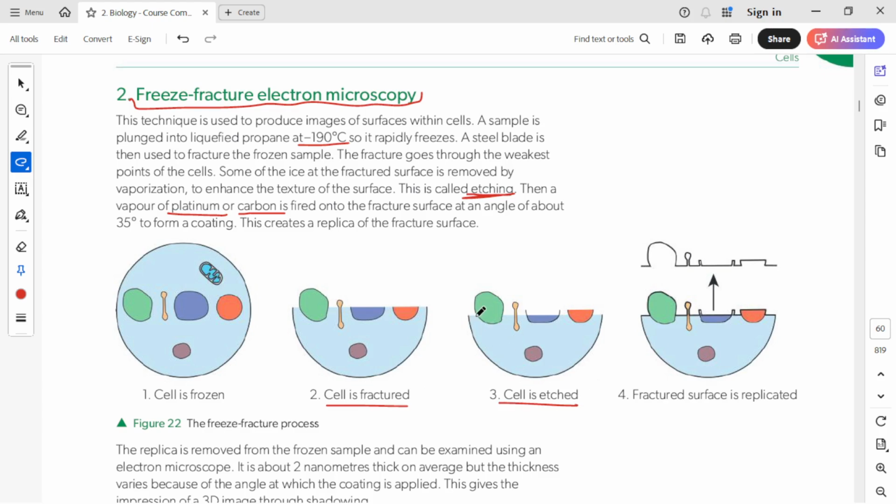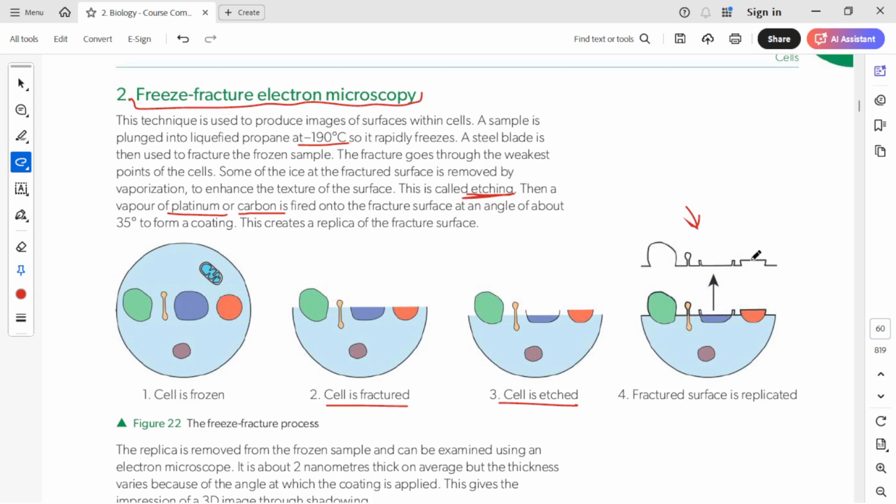You can see that some part is removed even more so that these organelles can properly come out, and we can see an even better image. After etching, we spray platinum and carbon vapors onto the cell. After spraying these vapors, we get a structure like this, and we remove this structure and study which organelles have made this structure. On this basis, we can find out which organelles are present.